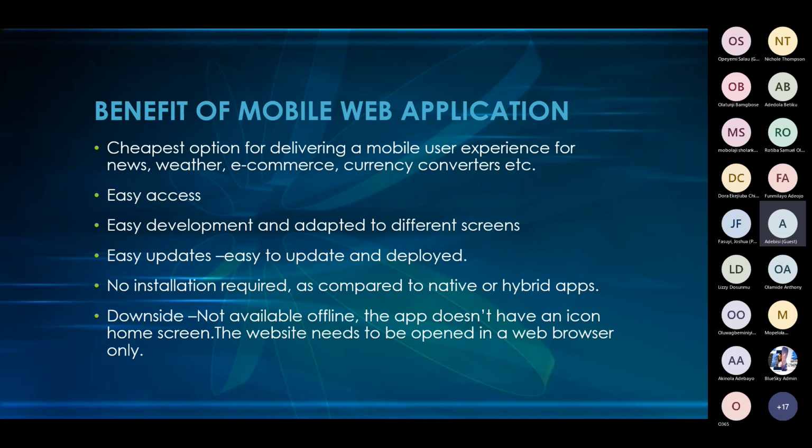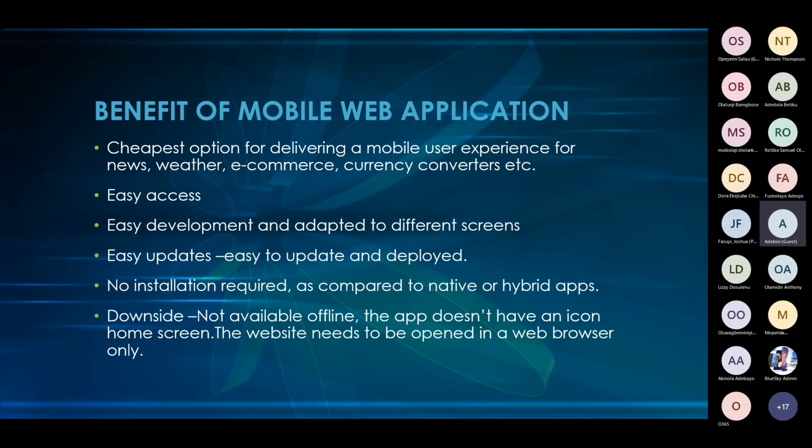You go on Google and search, even for the lowest black market rate. You are not downloading anything, and you don't need to know any app before you can use it. Once you put it on Google, Google will bring out everything for you. You access any application via the browser. So that is what we call mobile web applications.